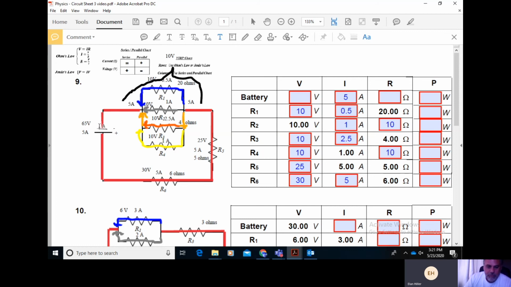So if we follow the logic here, we would have 65 volts of potential on the positive side and 0 volts of potential on the negative side. As we go across the circuit, we are at 65 volts right here on this side. There's a voltage drop of 30 volts to go from this side to this side across this resistor. So 65 minus 30 would bring us down to 35 volts on this side of the resistor.